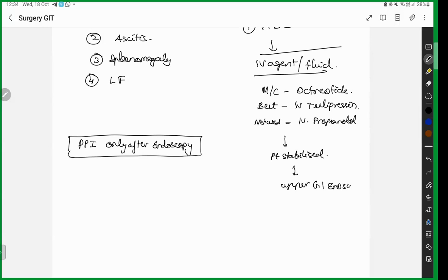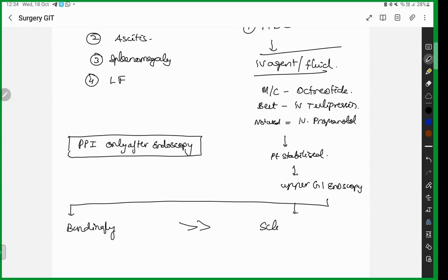In upper GI endoscopy, number 1, you're going to see banding. Banding is more commonly done than sclerotherapy. I'll just write it properly: banding, sclerotherapy.